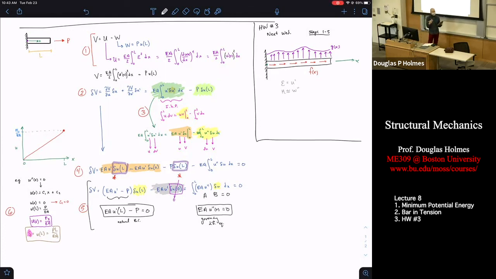My second hint, so this is hint 1, is that work done by distributed forces, just to remind you, is going to be like the integral of f of x times u of x, and you can stick these integrals together, Q of x times w of x.